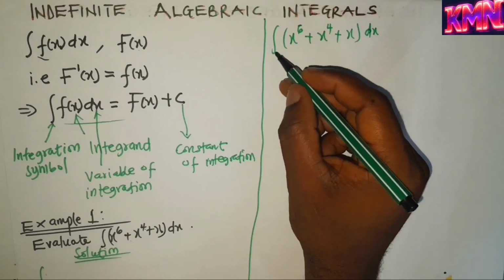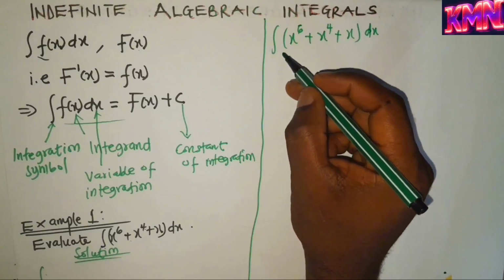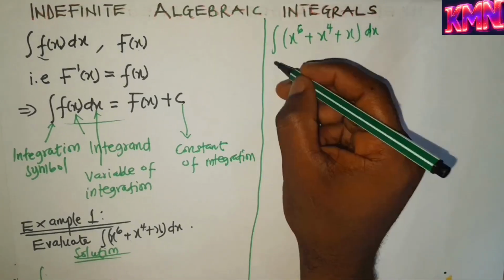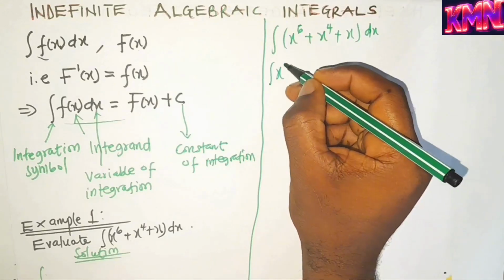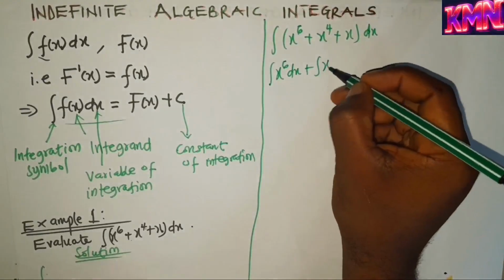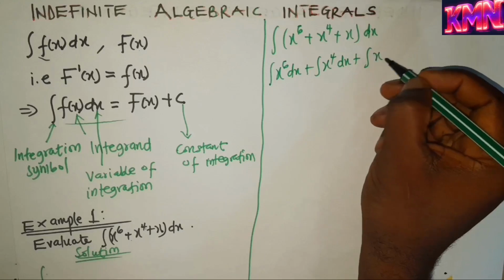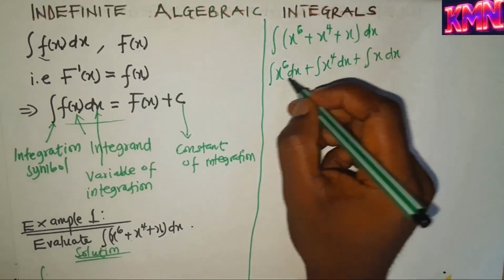First of all, let's apply the integration symbol and then variable of integration to all the terms over here. And with that, we're going to get the integral of x power 6 dx plus integral of x power 4 dx plus integral of x dx. Now let's integrate.